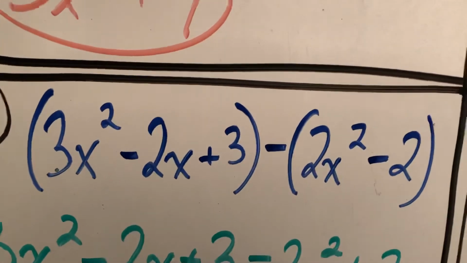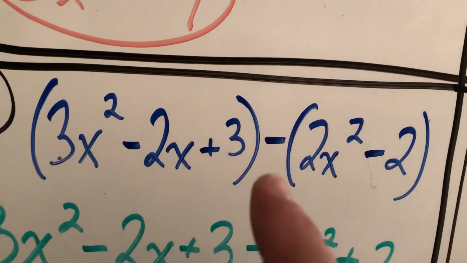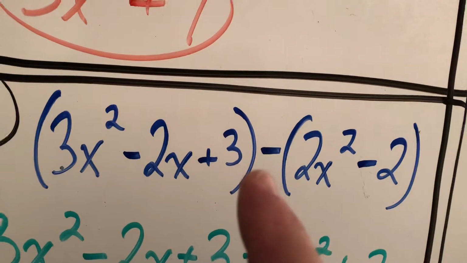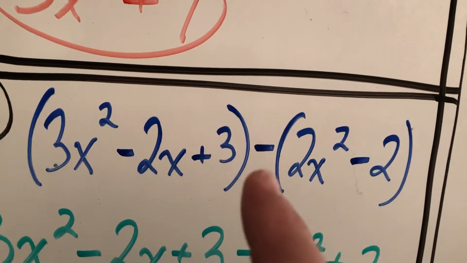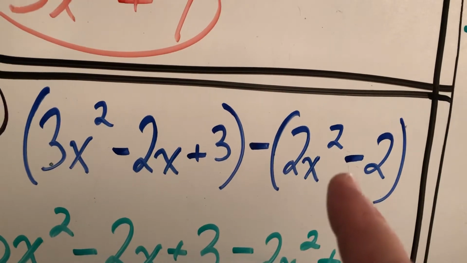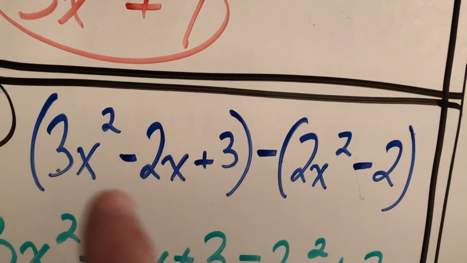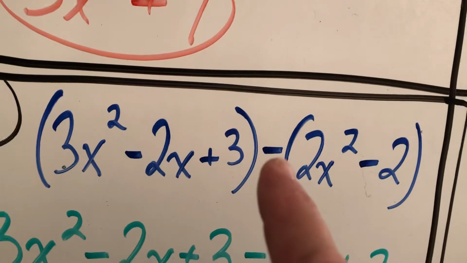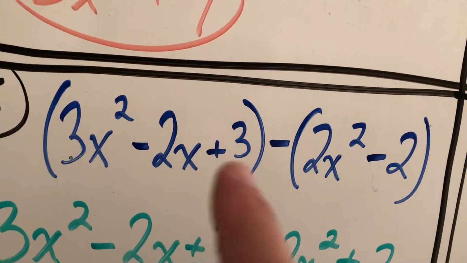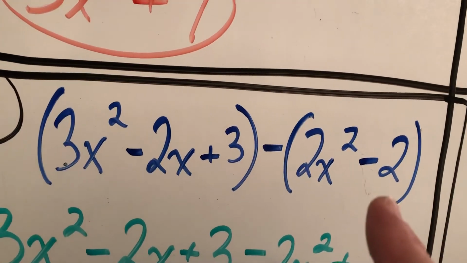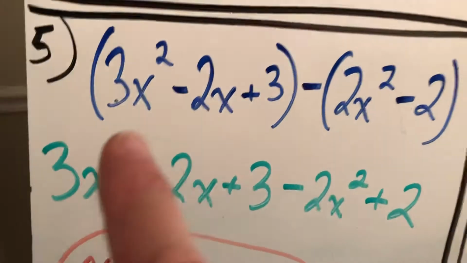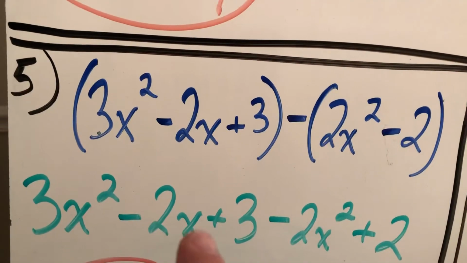How about here? Oh, we got a minus now. Okay. When you have a negative or a minus outside of parentheses, it changes the signs inside, meaning now. By the way, this minus will not change the signs of these terms, only of these terms, okay? So I'm just going to rewrite these three. 3x squared minus 2x plus 3.